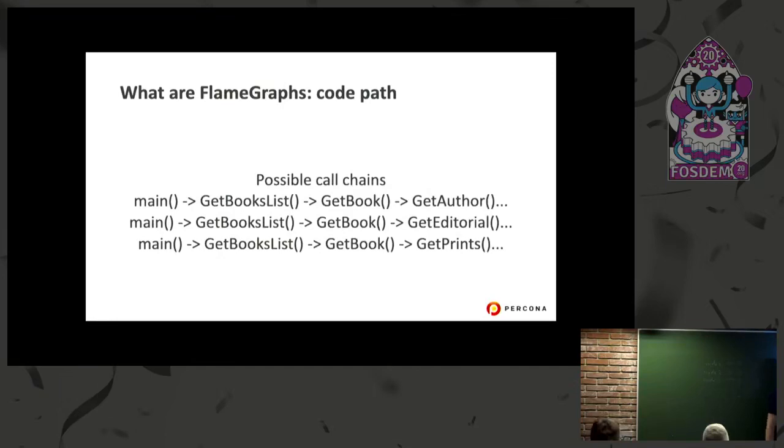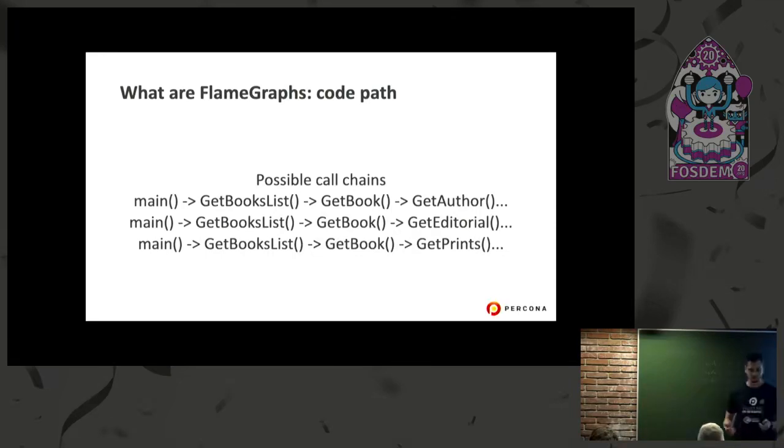Getting book lists, getting the book and the author, or the editorial, or getting a print, whatever. These are possible call chains that can happen in your tree. Of course, we are talking about when the software is running fine, not when it has a bug and crashes in the middle. Saying that, we have the possible call chains.